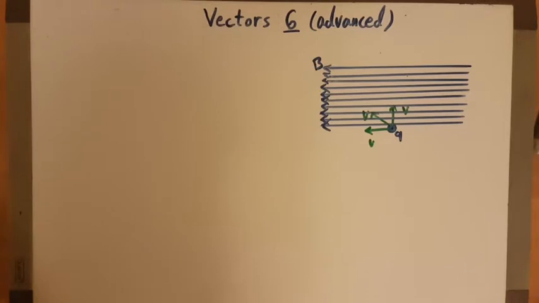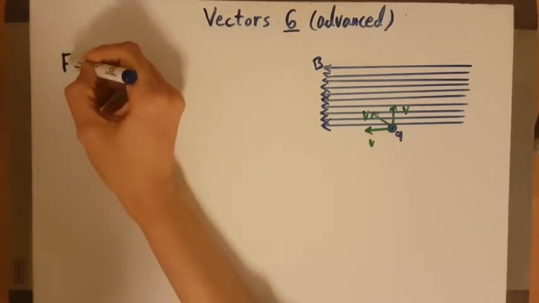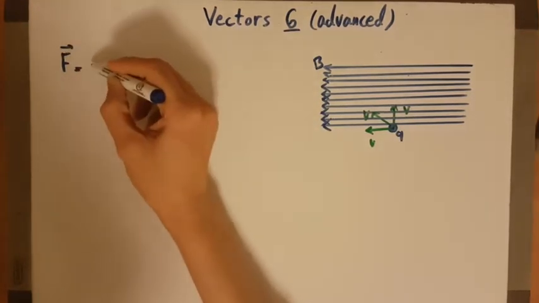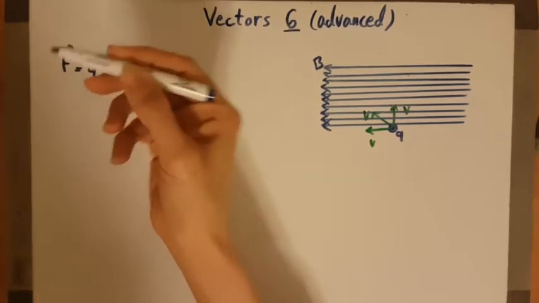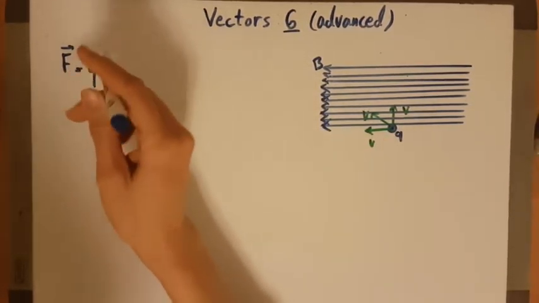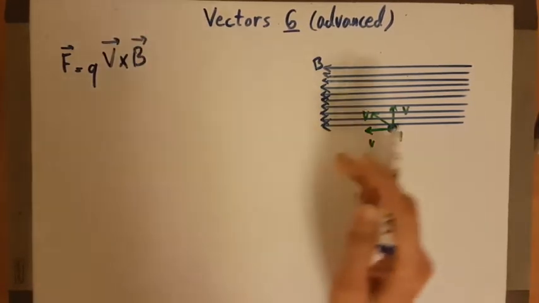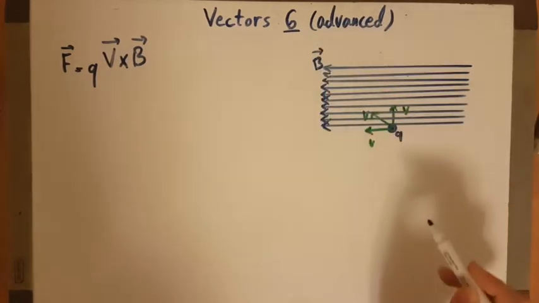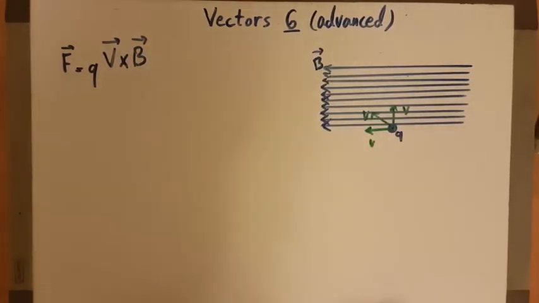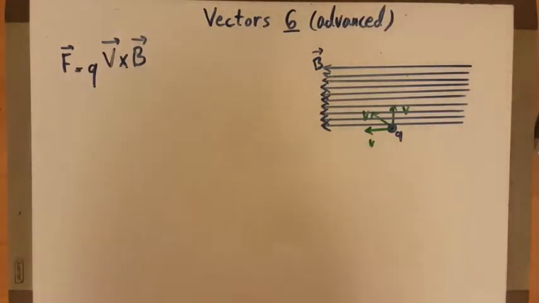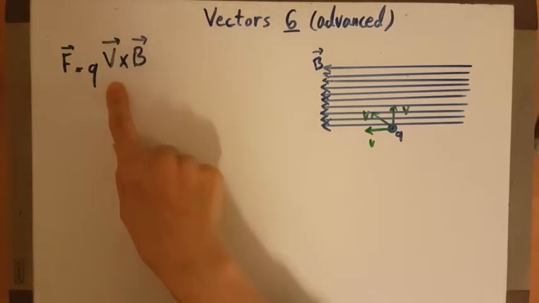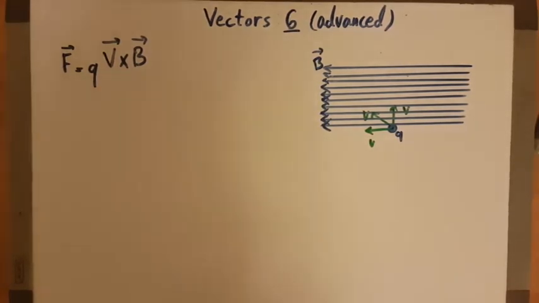What happens is that the force created in here is a vector, which equals q, which is just a constant, the amount of this electrical charge, times the velocity times B. B itself is a vector, velocity is of course also a vector, and the magnetic field, as we know, has a direction. So anyway, this is what is happening here.